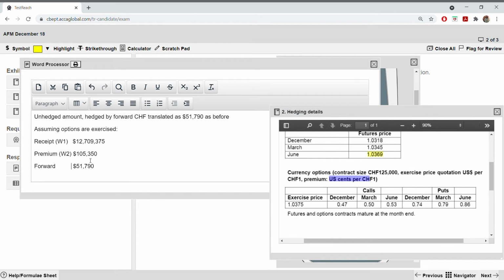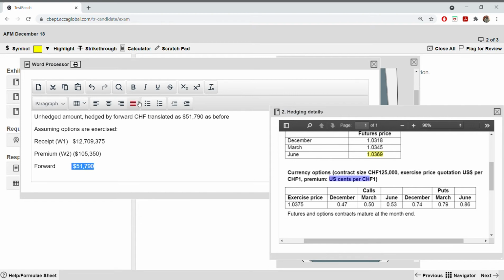But one additional thing you have to do is show the bracket sign for premium. Premium is a receipt. Sorry, premium is a payment. So from receipt you deduct the payment and add the forward also.